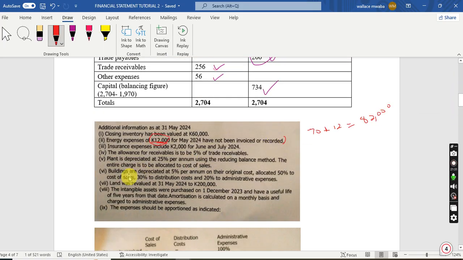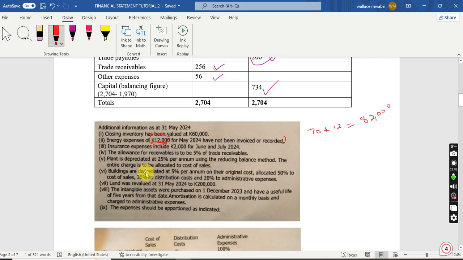Yes, the straight line method. That's the other way of calculating depreciation. With the straight line method, the depreciation expense is the same every year. So buildings are depreciated at 5% per annum on their original cost, allocated 50% to cost of sales, 30% to distribution costs, and 20% to admin expenses.